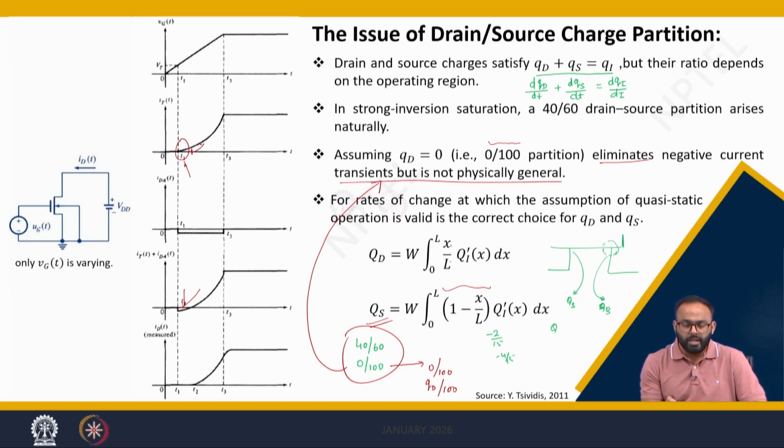So how do we model it? In a quasi-static approach we modeled it by incorporating a charging current which is negative, and because of that a negative transient comes into the picture. If you talk about operations like digital operation, we are not much interested in the transition of the curve, whereas we are very much interested in the final and initial values.